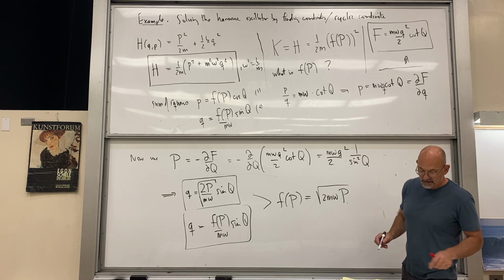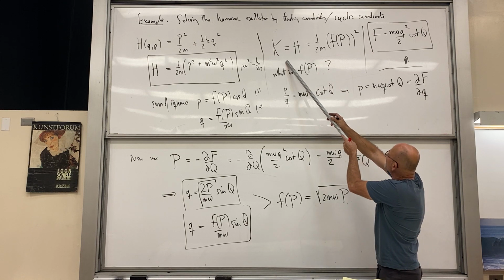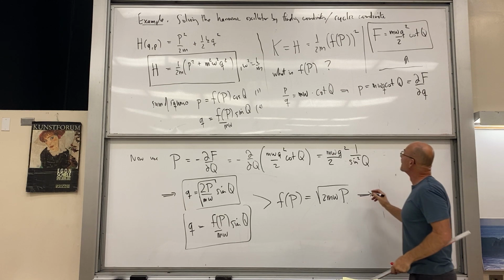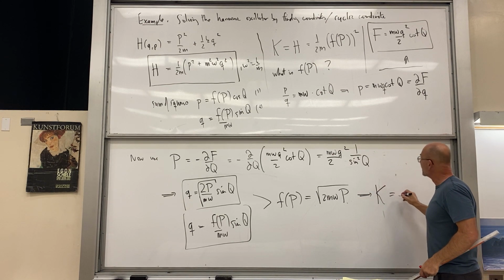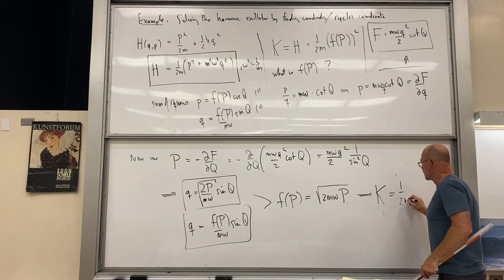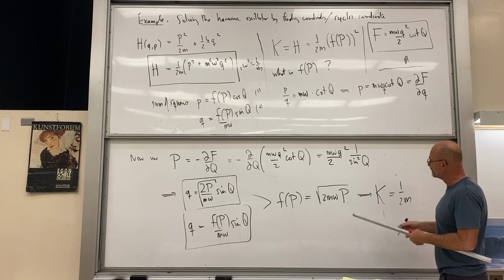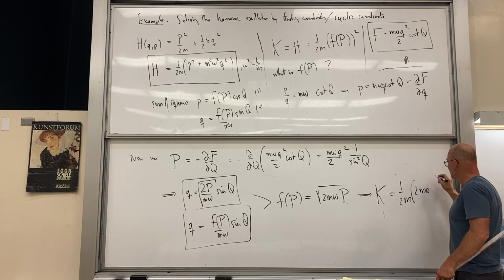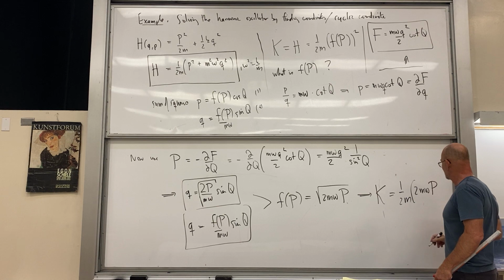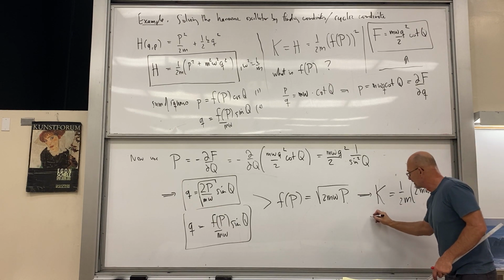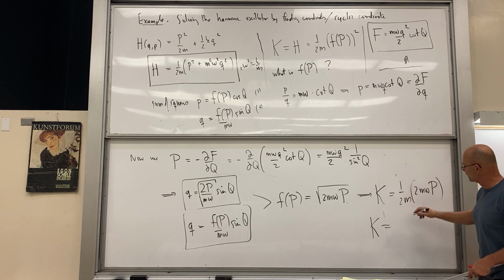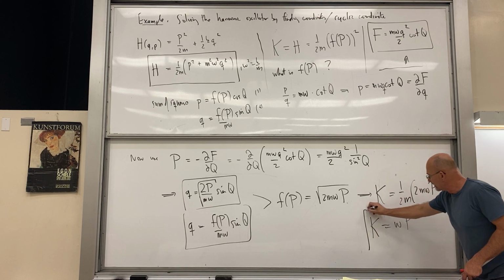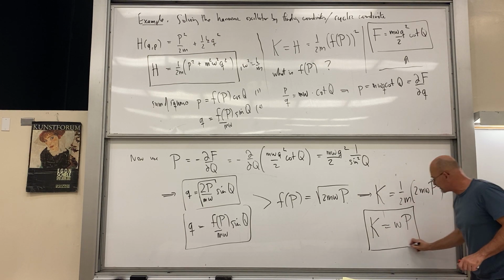And now we're ready to get the new Hamiltonian, which is up here. I'll write that right here. So now the new Hamiltonian is equal to 1 over 2m f of p squared, which is 2m omega P. The m cancels, and K is simply equal to omega times P. So this is what our canonical transformation did.